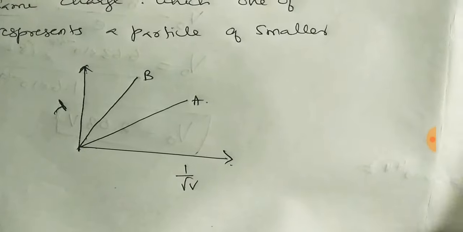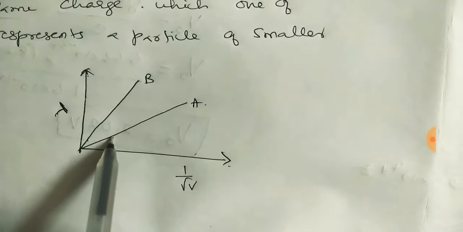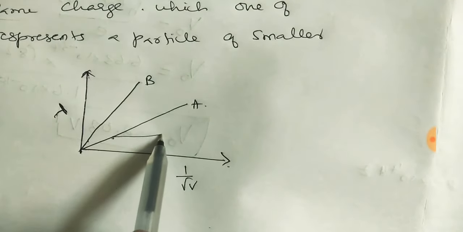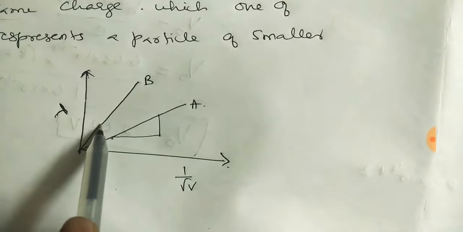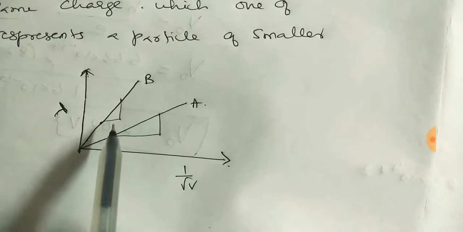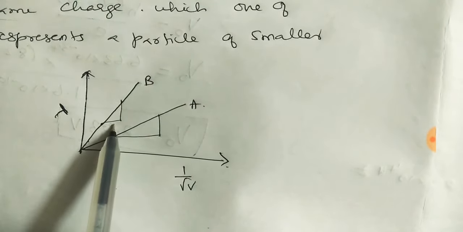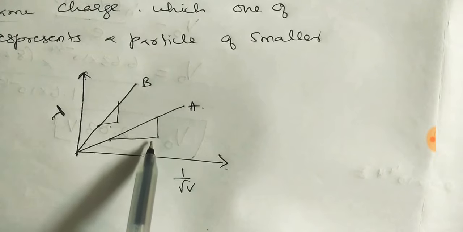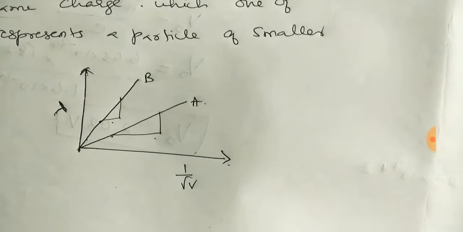Now you see the graph. Take the slope of A. Take the slope of B. The slope of B will be smaller than the slope of A.